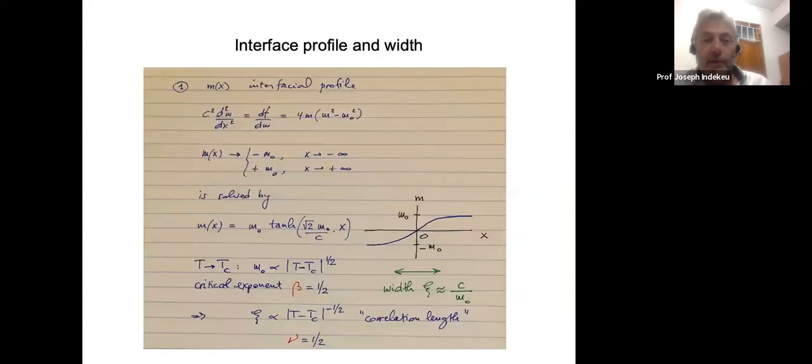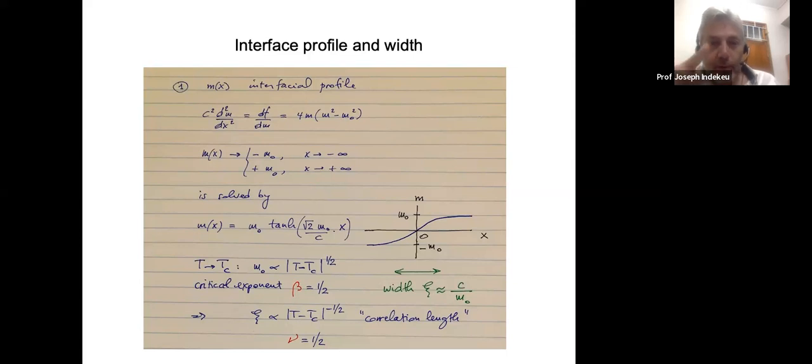So then we derived that the profile is a very nice hyperbolic tangent profile, which in this case runs from minus m0 to plus m0 if we impose bulk phases with minus m0 at x is minus infinity, and the bulk phase with m equals plus m0 as the bulk phase at x is plus infinity. We could, of course, also turn it around and draw a descending profile instead of an ascending profile.